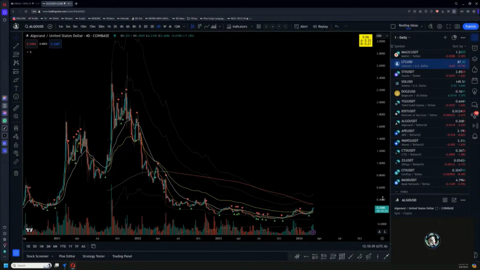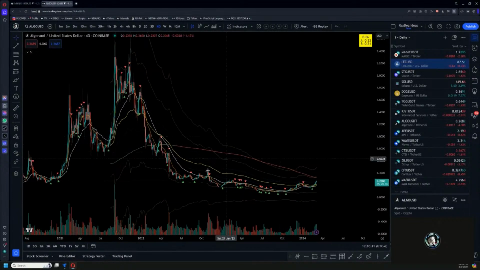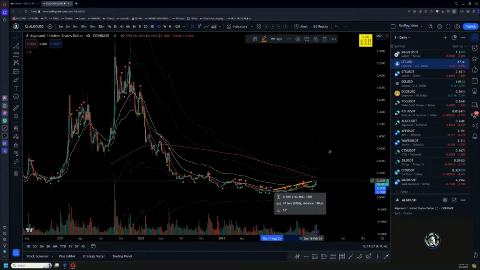That's the basis. What is that basis at? About 132%. That's not bad.